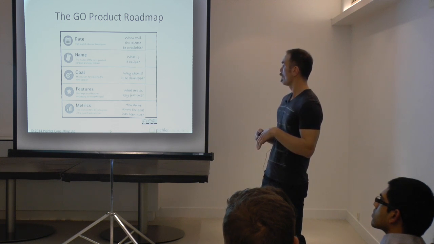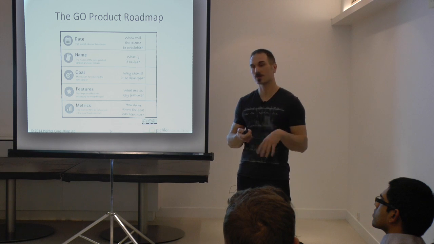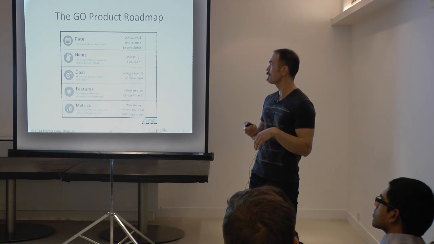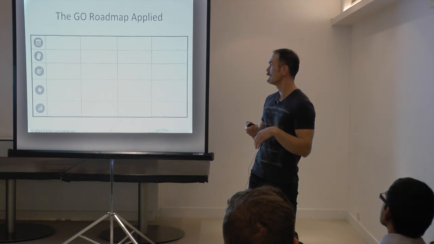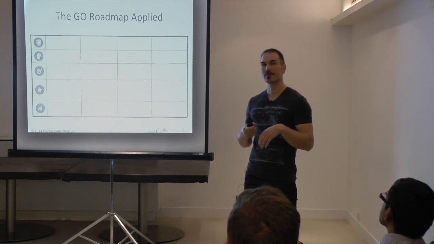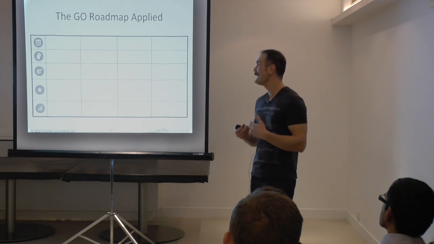I'd like to now take the next step and explore with you how we could apply this roadmap. Again, maybe in the context of our little game application. So again, it's a little bit boring in the sense that it's yet another table, I'm afraid.